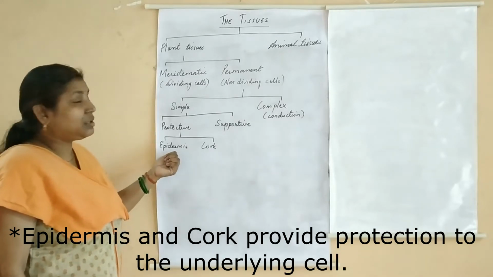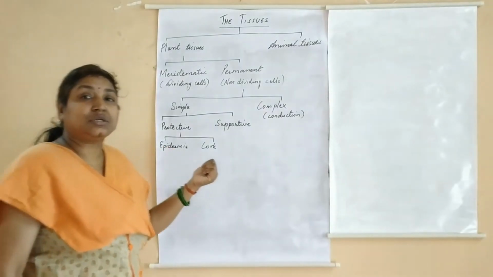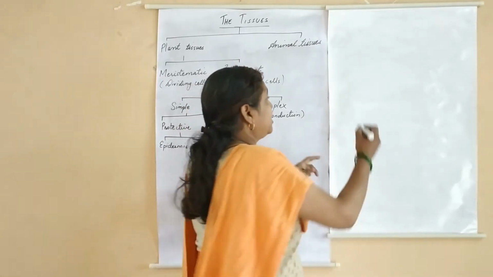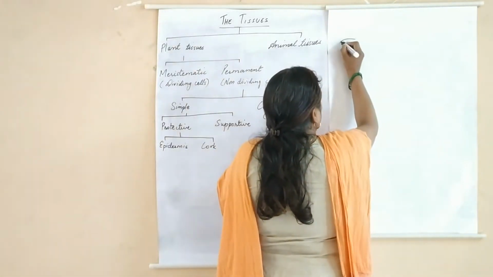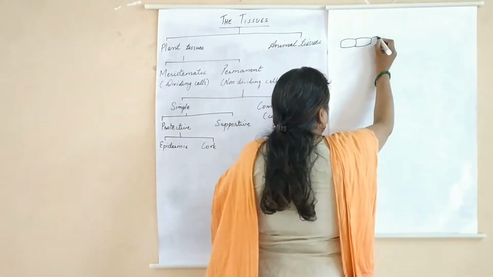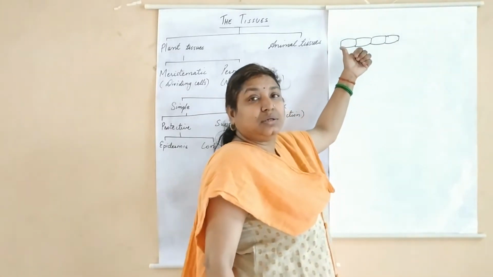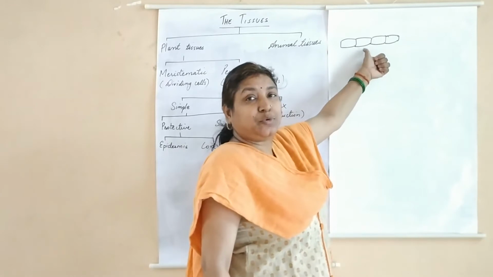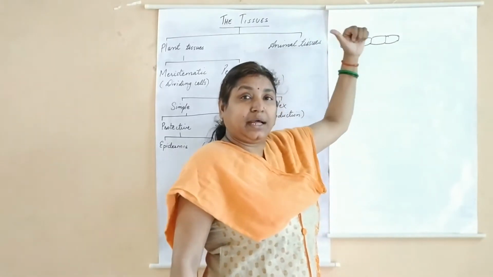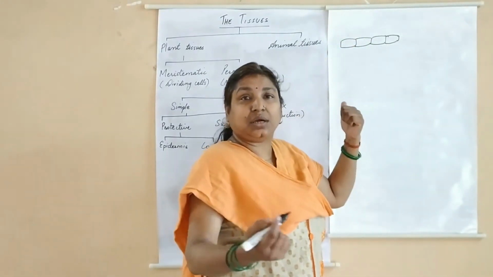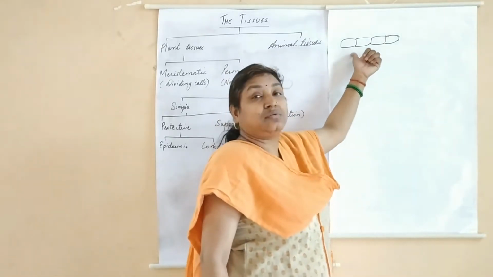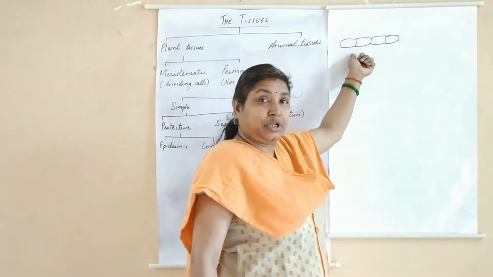Now, what is an epidermis? Epidermis is a single layer of cells. It covers the entire plant body. Just like our skin covers our body, epidermis covers the entire plant body.